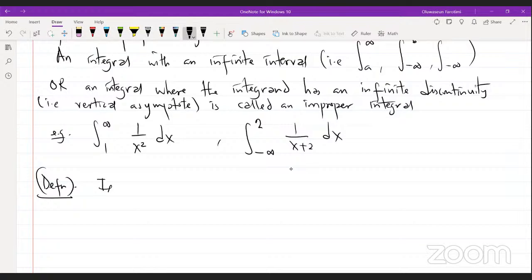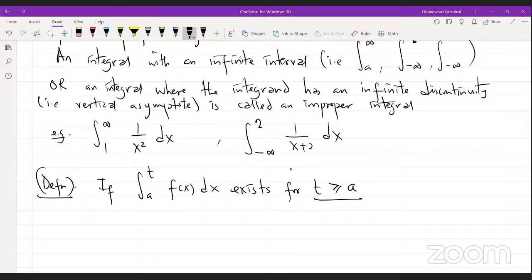Now, if I have an integral, say from a to t, f of x dx, if this exists for all values of t greater than or equal to a. Now, what does this mean? This condition tells me that this value of a here has to either be smaller than t or at least equal to t.